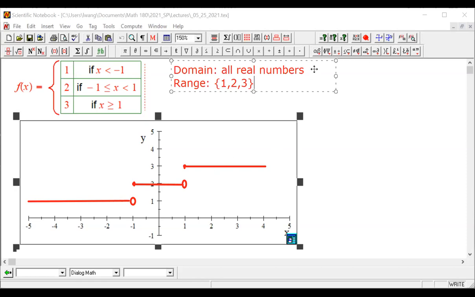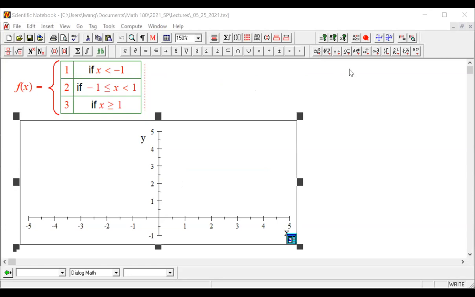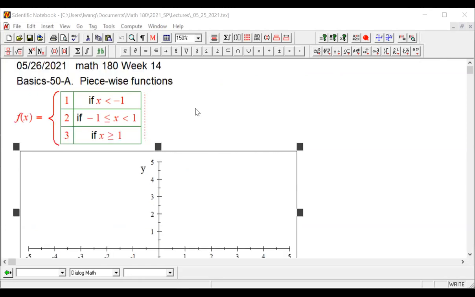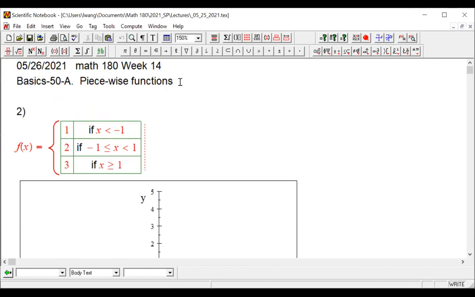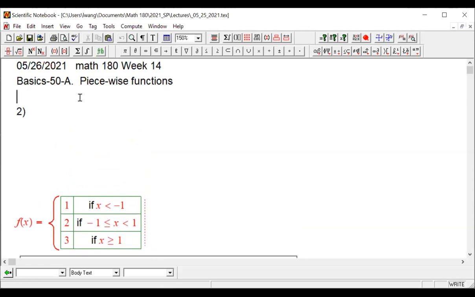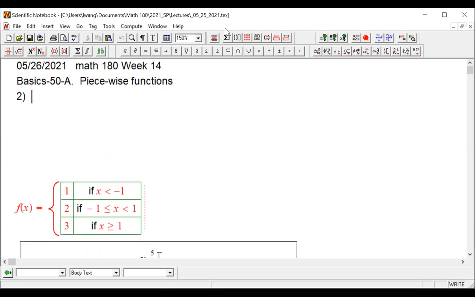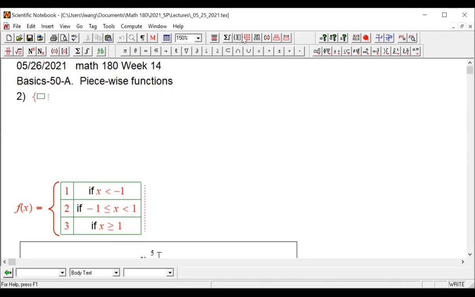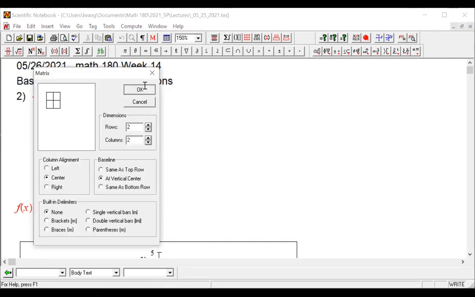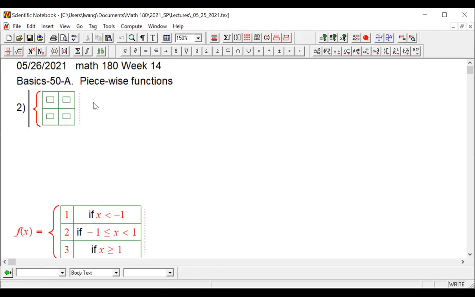All right, so did you take notes? I'm going to put this away and let's see how we're going to handle number 2, sorry, number 2. Number 2 is a function that has 2 pieces, right? So f of x, 2 pieces.